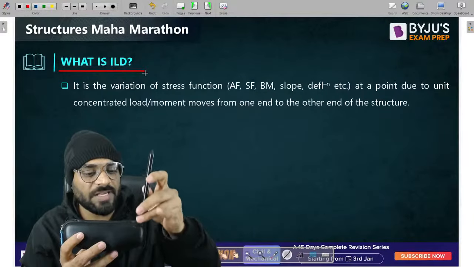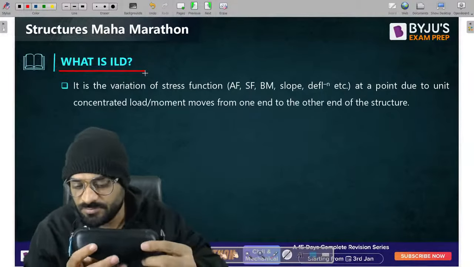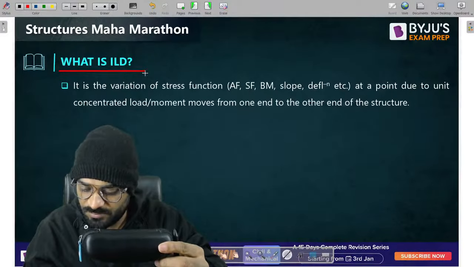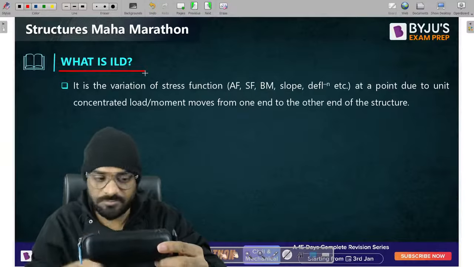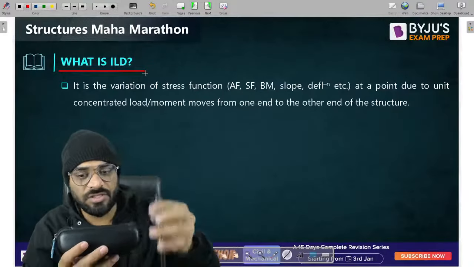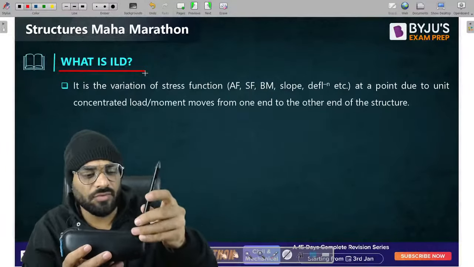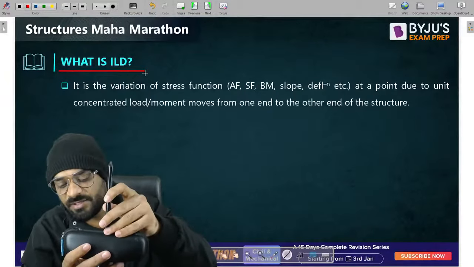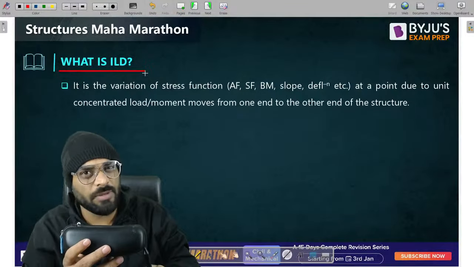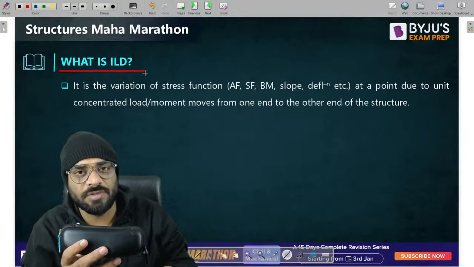Please write down. If the load is placed at this location, then the value of VA is equal to the load value, that means 1. If the load is placed exactly at midspan, then what will be the value of VA? It should be 0.5. If the load is placed at this location, then the value of VA is equal to how much? It should be 0.